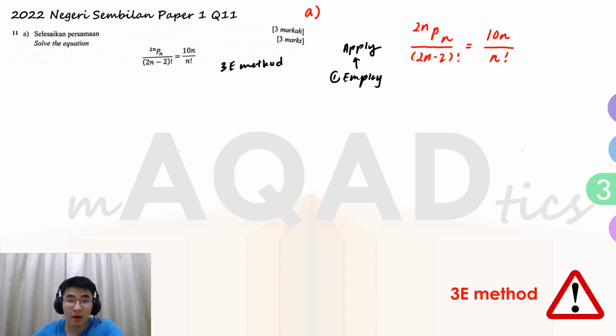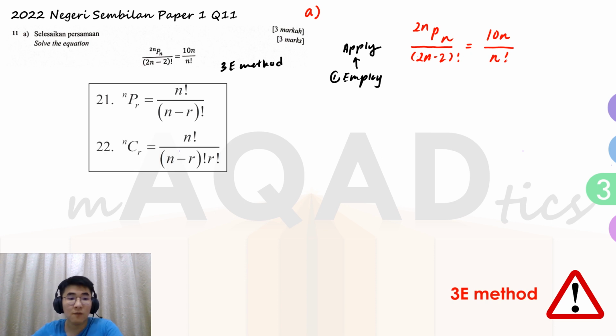According to the SPM formula sheet for this chapter, we have two formulas, formula 21 and 22, which is nPr and nCr respectively. Going back to our equation, you can see that there is one P here, so we need to use formula 21. For our case, 2n here is actually the formula's n, and n here is actually the formula's r.